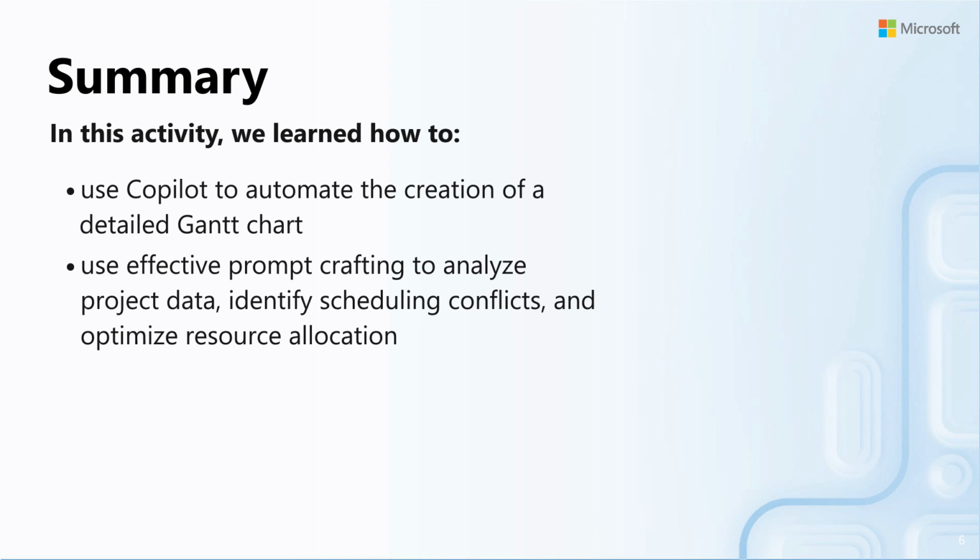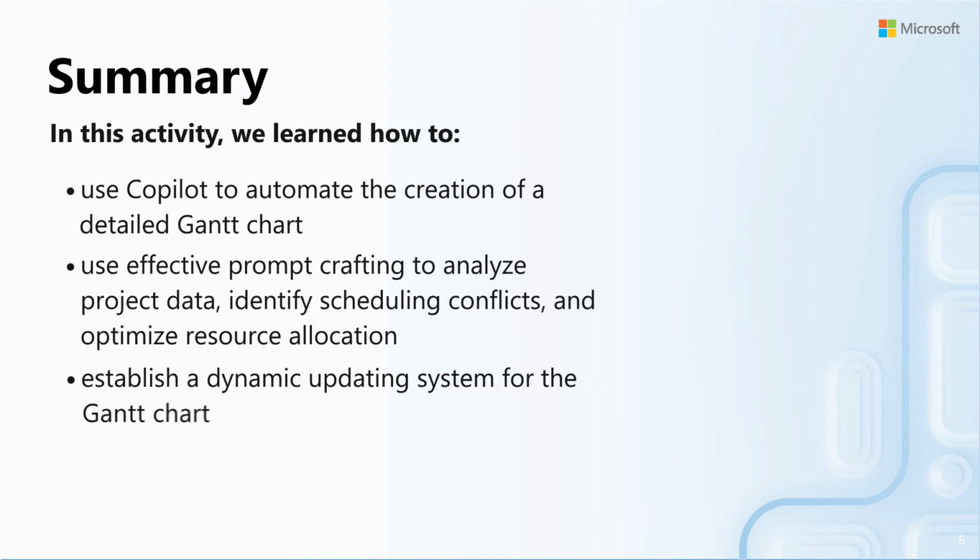Through a series of steps, you evaluated and refined your prompts for creating the chart, optimized prompts for conflict resolution, and implemented advanced techniques for resource allocation. Ultimately, you aimed to establish a dynamic system that adjusts to changes, improving overall project management and execution.